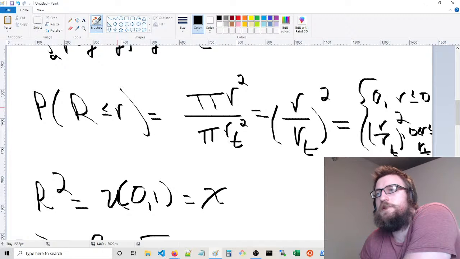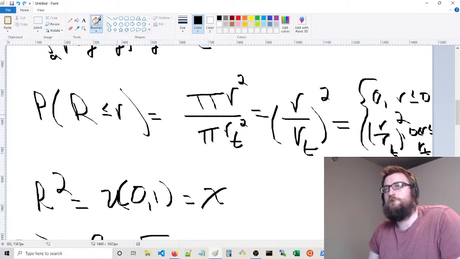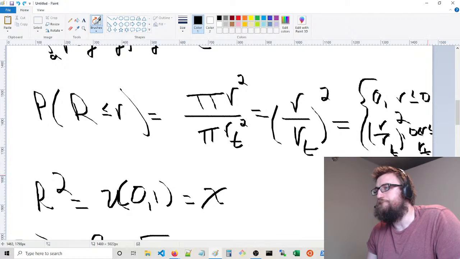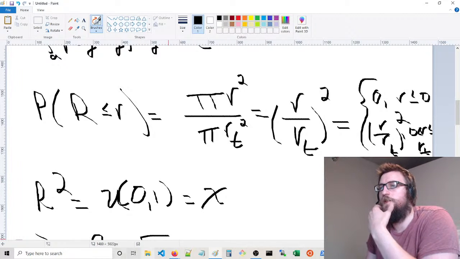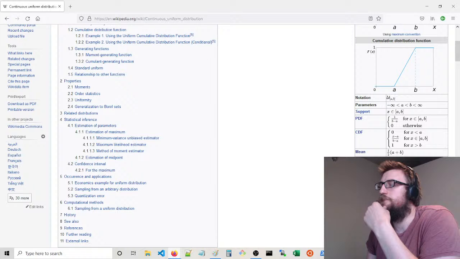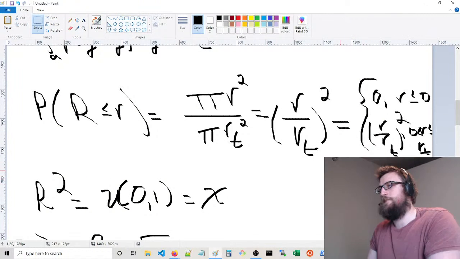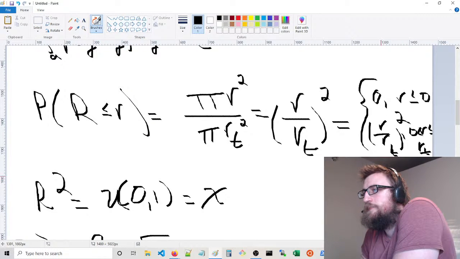The probability that this is less than or equal to r is actually 0 outside, r is greater than or equal to rt. That's really confusing. The cumulative density function, I think, is this. Well, it's basically 1, I guess, after this point. I don't know. See, that's really confusing. R is greater than rt.